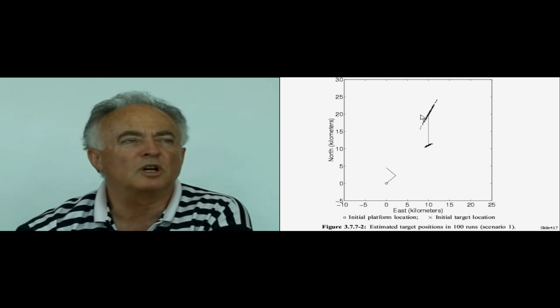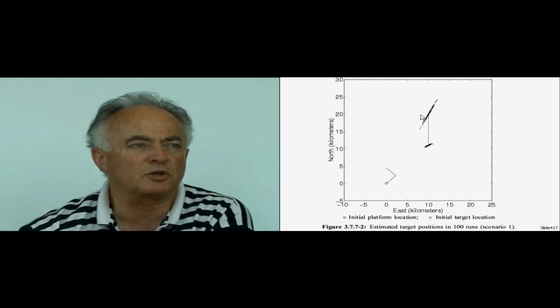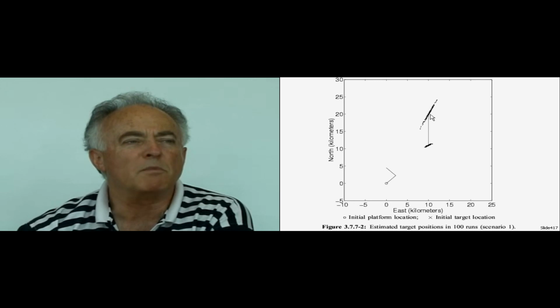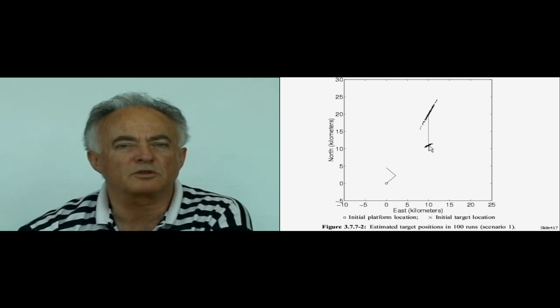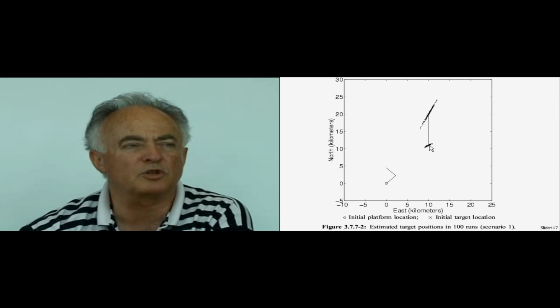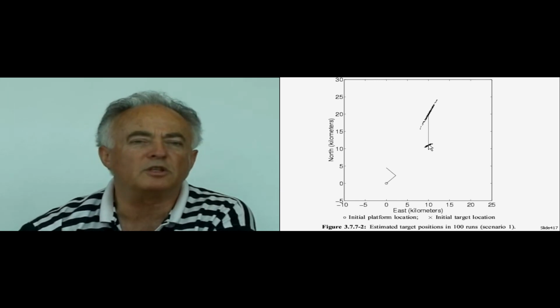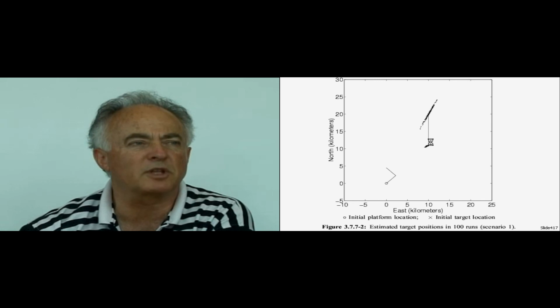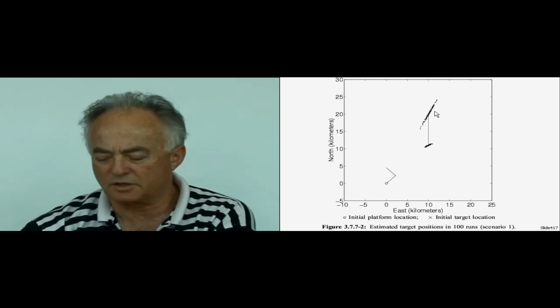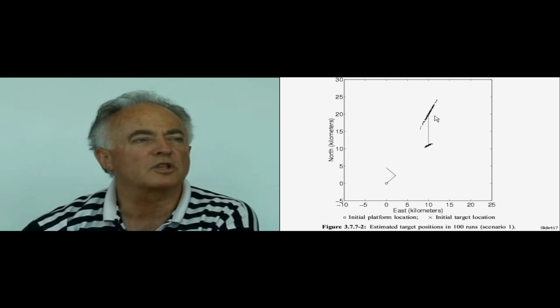We get 100 initial position estimates, initial velocity estimates. We plot the position estimates here. We map the initial position and initial velocity estimates to the final time position estimates and plot them inside these ellipses. And hopefully they will end up inside the ellipses, but as you can see, pretty much these are indeed inside. So this is scenario one.